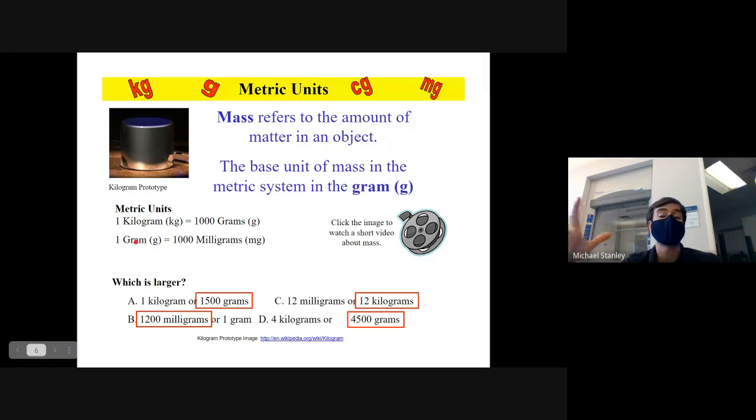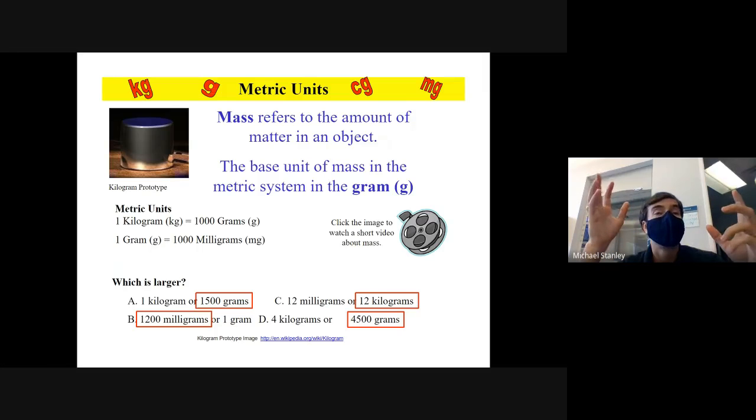So if we take 1,000 grams and we pile them all together, we'll have the weight of 1 kilogram. So a kilogram is 1,000 grams. A kilogram is a little over 2 pounds, like 2.2 pounds.